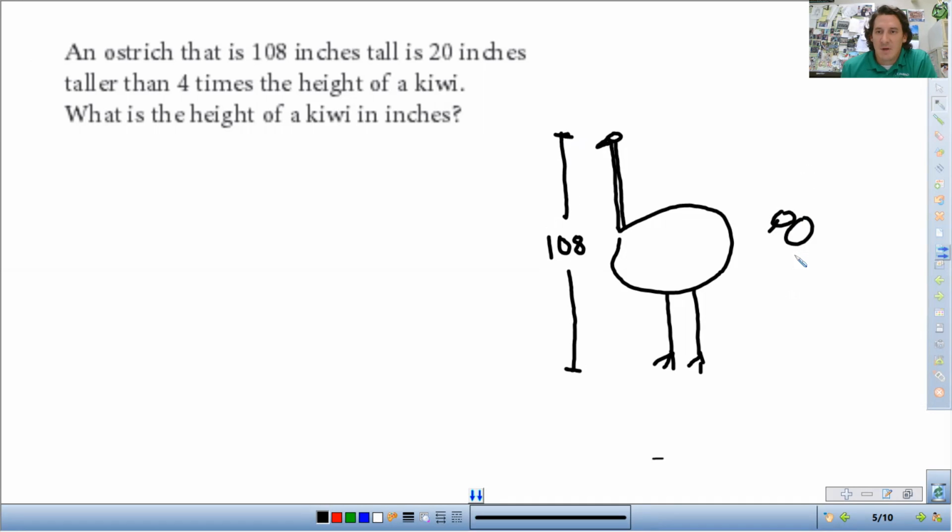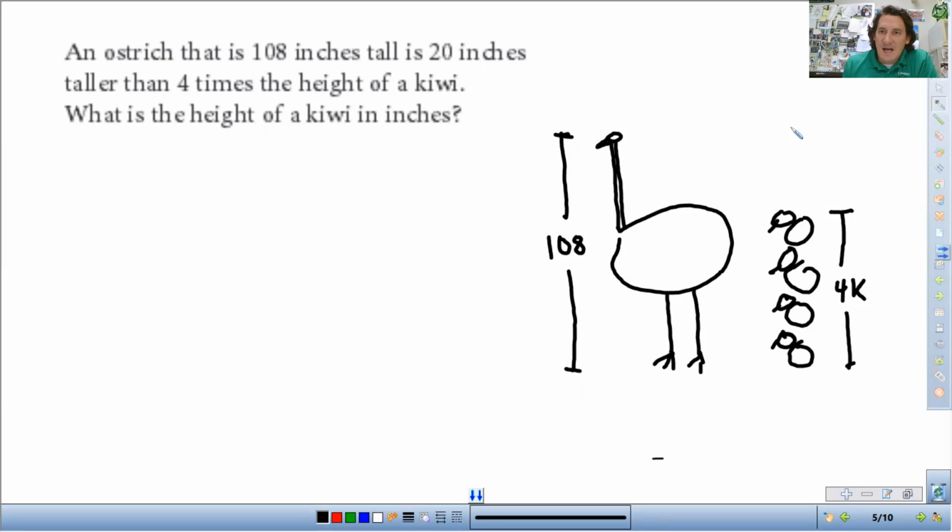So I'm going to stack up 4 kiwis on top of each other. This is not a very good picture of a kiwi, but I don't care. You can Google what a kiwi looks like if you want. Not the fruit, we're talking about the bird. So those are 4 kiwis, and I'm going to say 4K for kiwi.